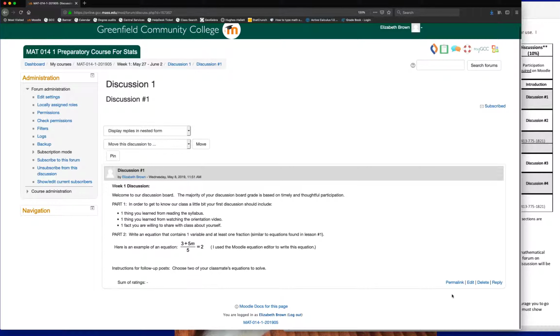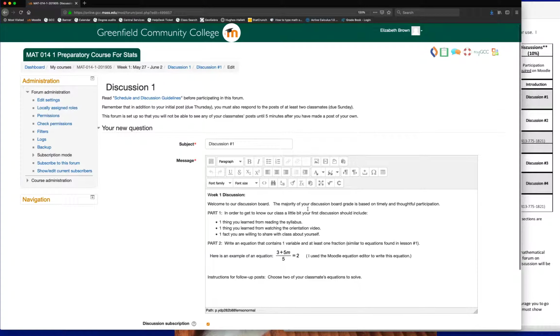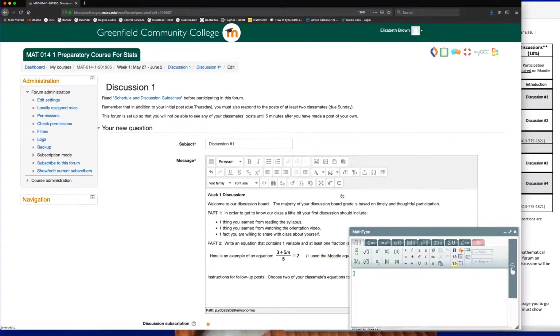I just want to show you one quick feature of the discussion board. So when you go to respond, if you want to write an equation, you should use the equation editor, which is right here. See this button with the radical square root sign? If you click on it, this will open up and it allows you to write nice equations.